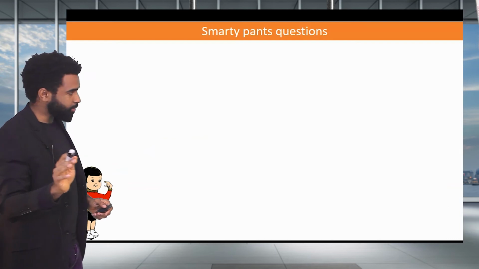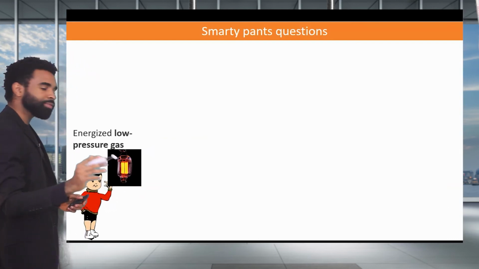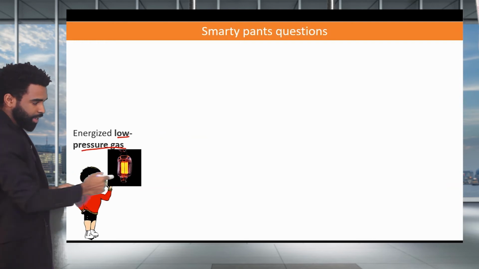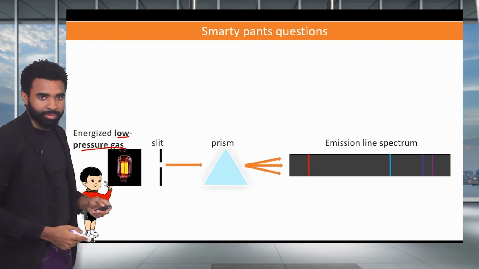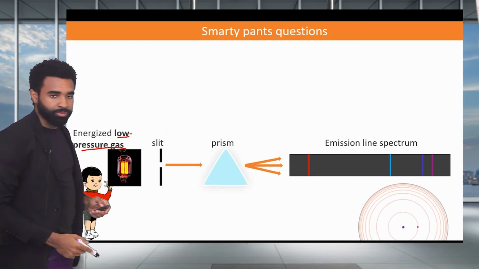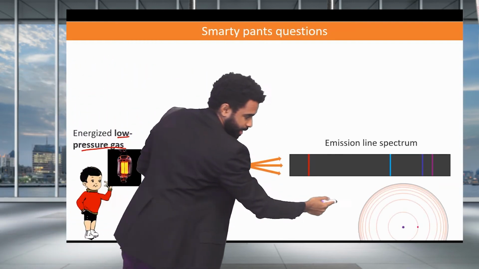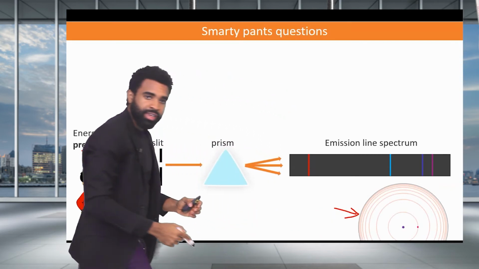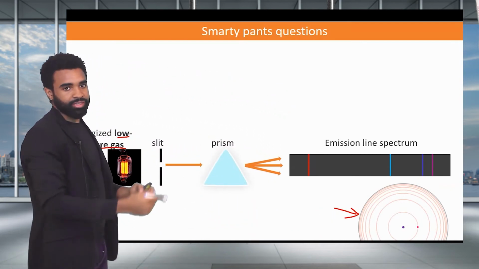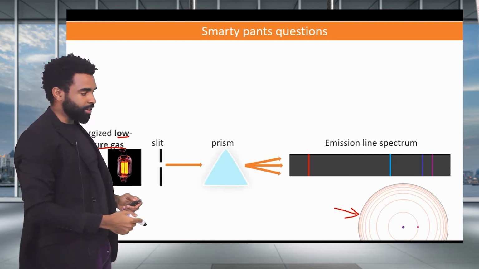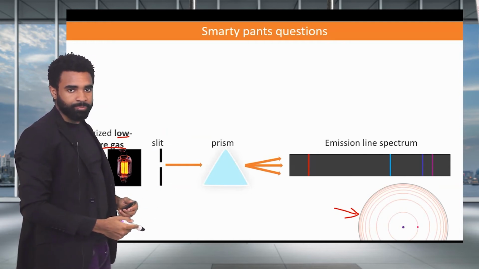Another question you might have for me is the following. We've said that if you take a low pressure gas and you energize it, and you pass that light through a slit, a prism, you get an emission line spectrum. And that emission line spectrum, we had said, is explained by thinking about the energy levels in the atom, or in the hydrogen atom in that case. So basically the electronic configuration of that atom.